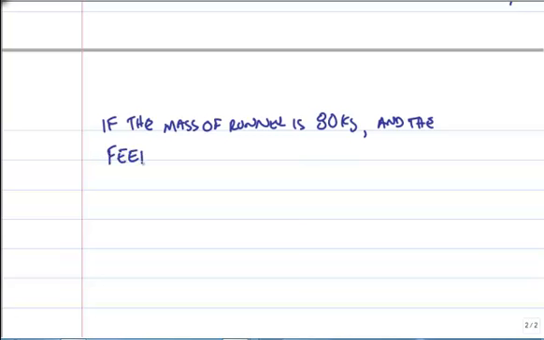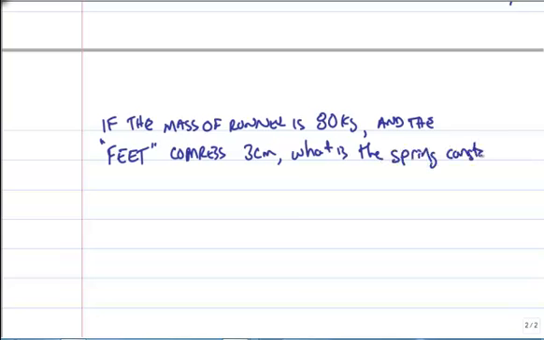The feet, his lower leg and foot, of course, compress, let's say 3 centimeters. What is the spring constant, constant k?